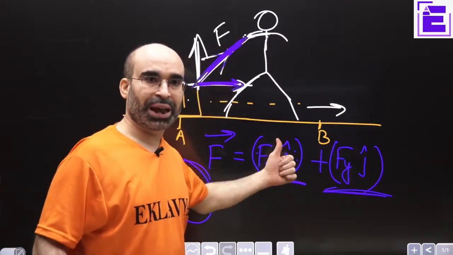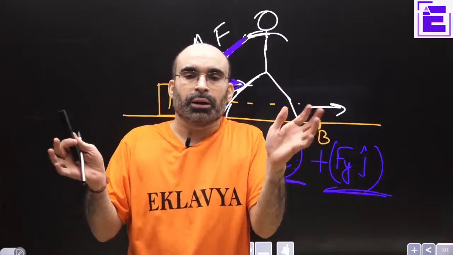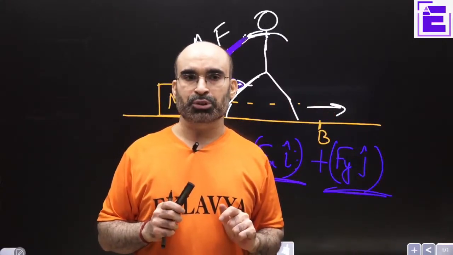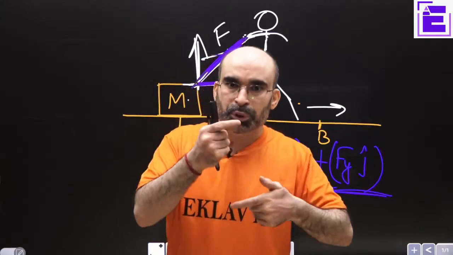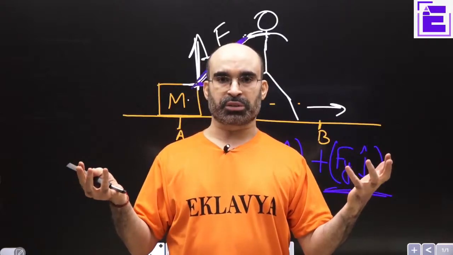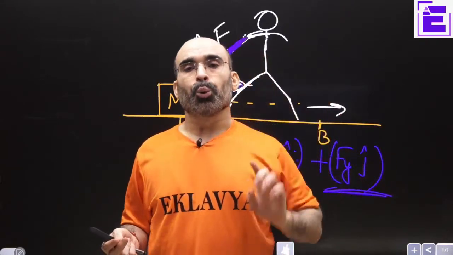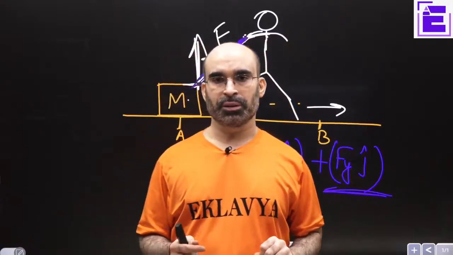Component along x-axis, along y-axis, or if it is in three-dimensional space, this vector can be split or broken into three components. So that vector would be the sum of the three components.